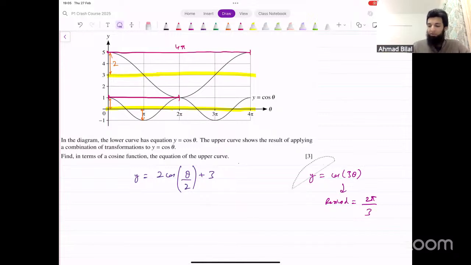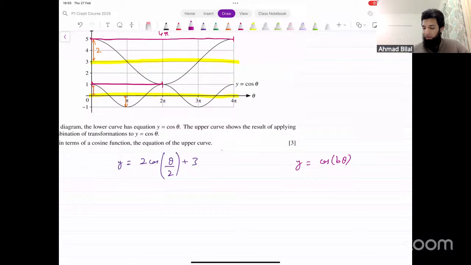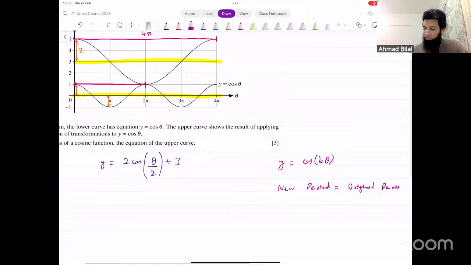Another way to think about this, if you find it hard to do it this way, is to remember the formula that we did: if we have y equals cos of b theta, then the new period of the graph is going to be the original period divided by that number b that's multiplying.